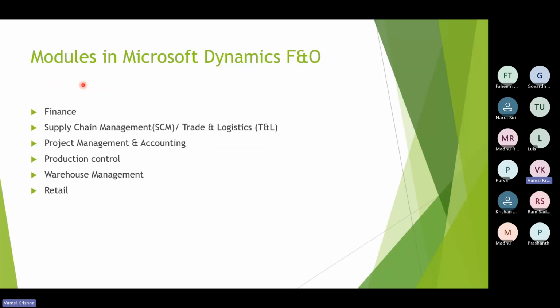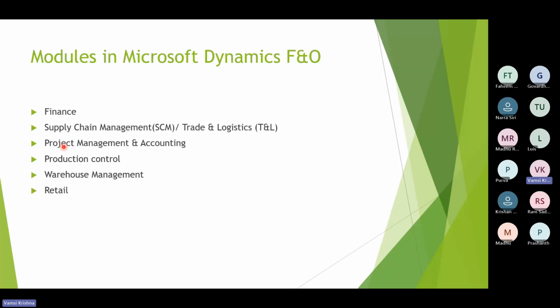In Microsoft Dynamics, it's typically classified into 6 modules. One is finance, which we are going to learn. The second is supply chain or trade and logistics, where it will handle all the retail kind of transactions and the product related information. This all will be tracked here.